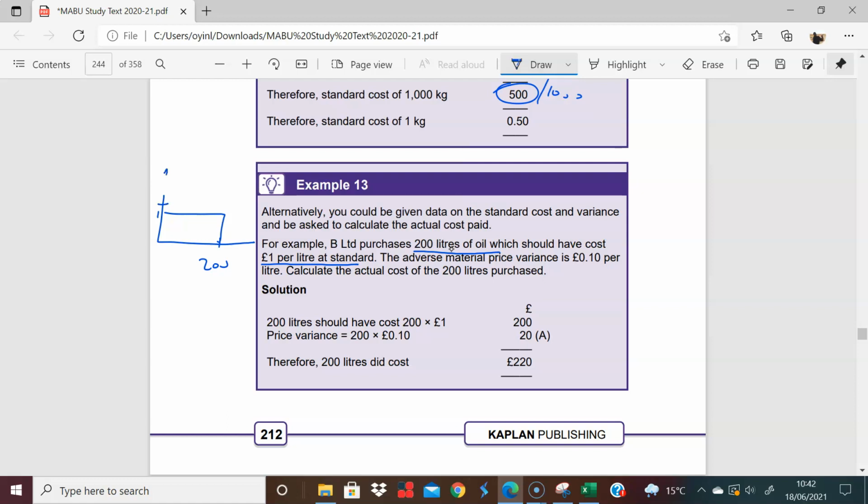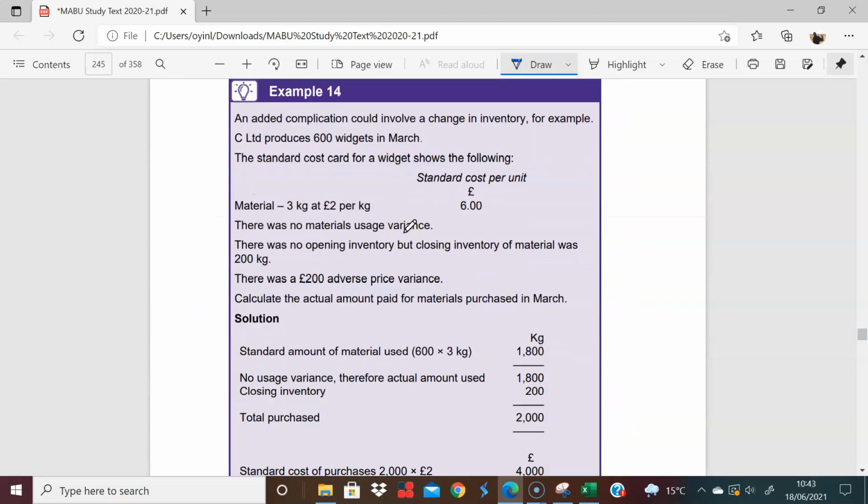So you must have spent £1.10 per liter. That's 10p on 200, which is 20. Or if someone asks how much you spent, you spent £1.10 times 200, which is 220. So you can work that out there too. I think this understanding by now is what I'm looking for, which should get you there.